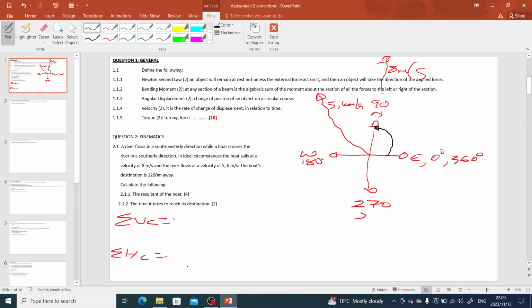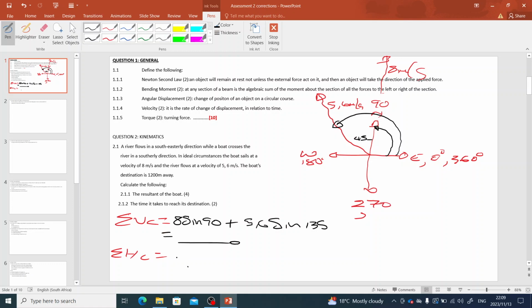It is 8. The position would be sine 90. Then we start all over again from 0, looking for the second one. 180, boom, 45. The magnitude of that vector is 5.6. The position is 90 plus 45, it is 135.